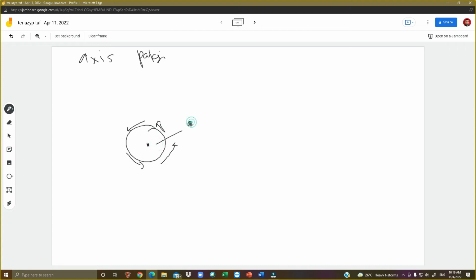This is what we know as axis of rotation. So in human, we can rotate, and the rotation is upon one axis. That axis is located around the middle, which is your COG, ataupun bahasa Melayunya pusat.